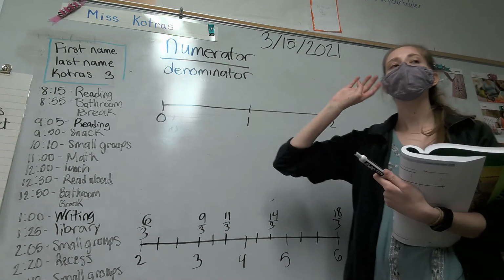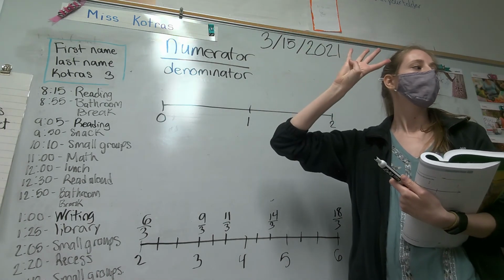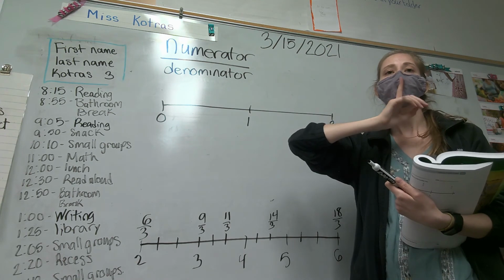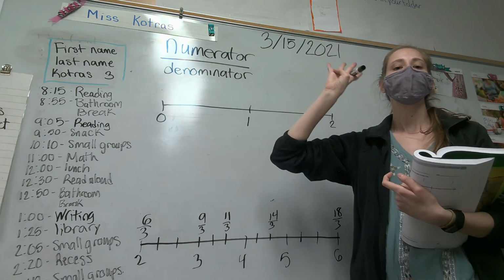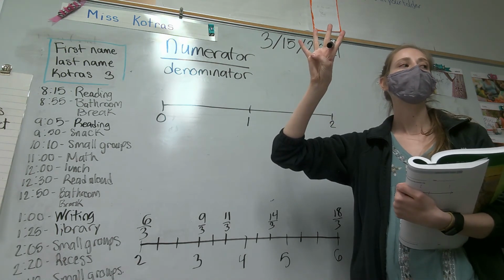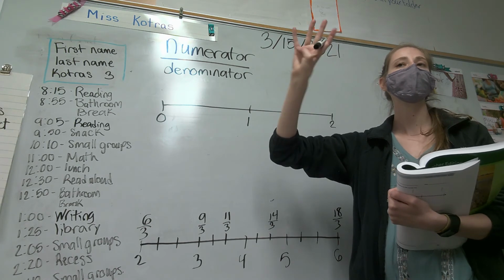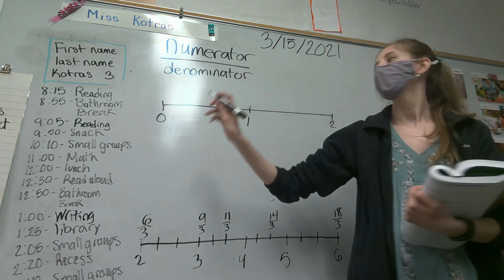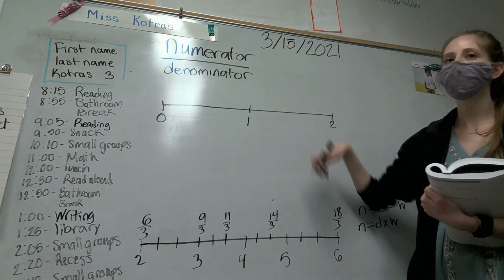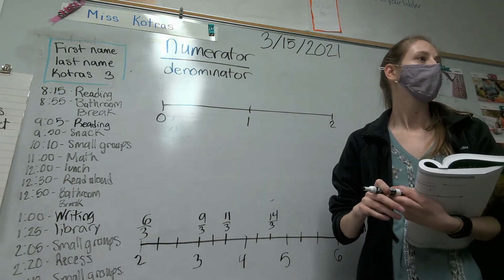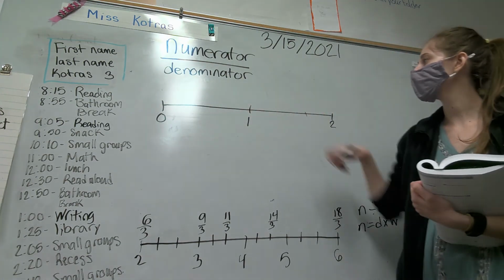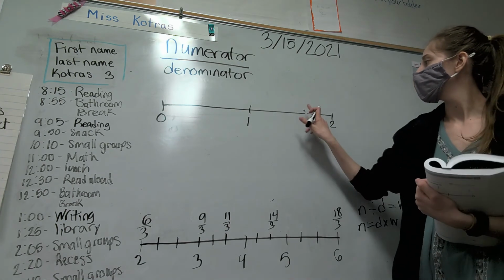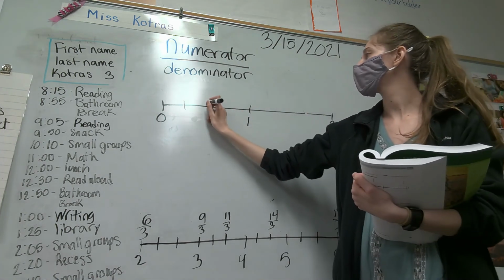We know we have our denominator of 4, so we need to split it into 4 parts. How many lines are we going to draw? 3. I draw 3 in between each one. That's right.